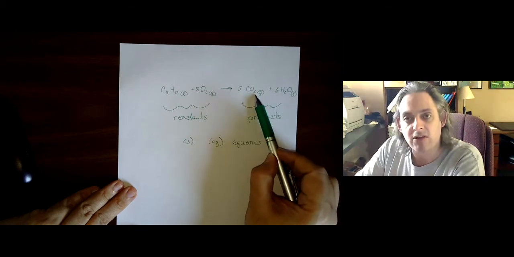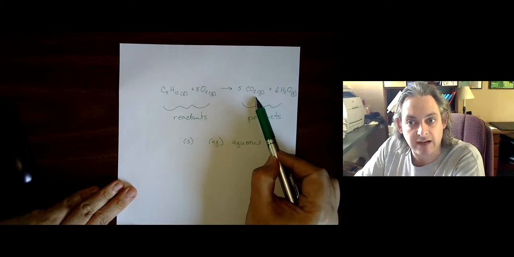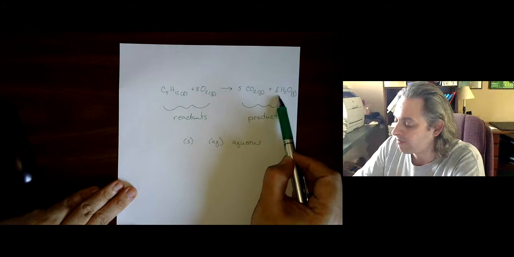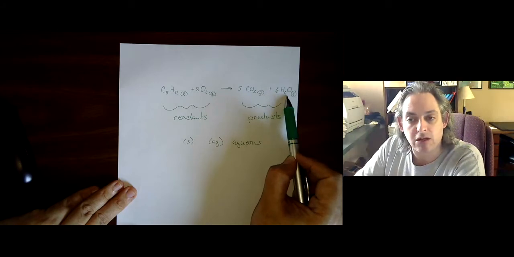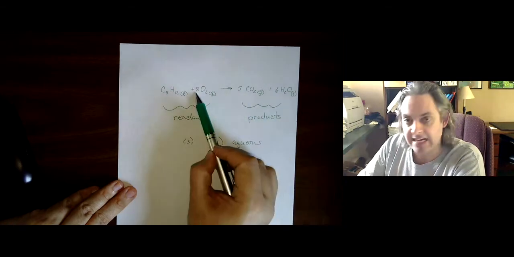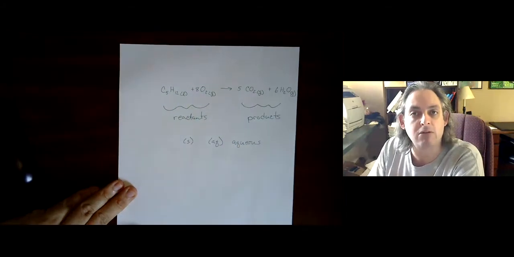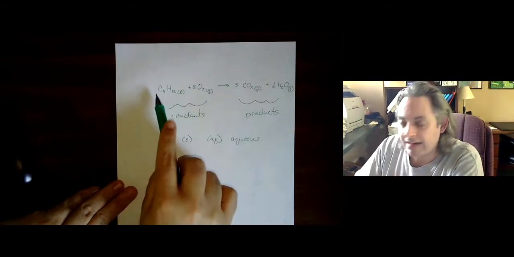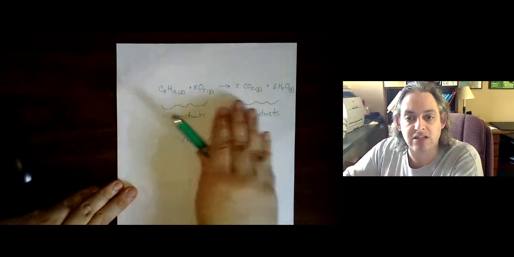We have 5 of those, so that means we have a total of 10 oxygen atoms for 5 CO2 molecules. And then we have 6 oxygen atoms in the 6 water molecules. So 6 plus 10 gives us 16, which is what 8 times 2 gives us also. So that means we have the same number of oxygen atoms. That tells us that we have satisfied the law of conservation of mass, so this equation is balanced.